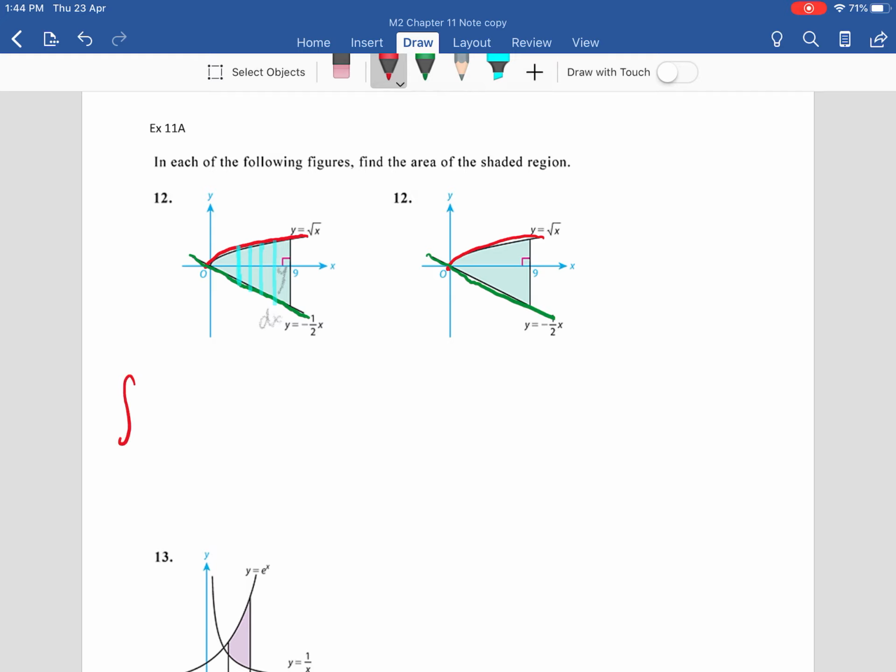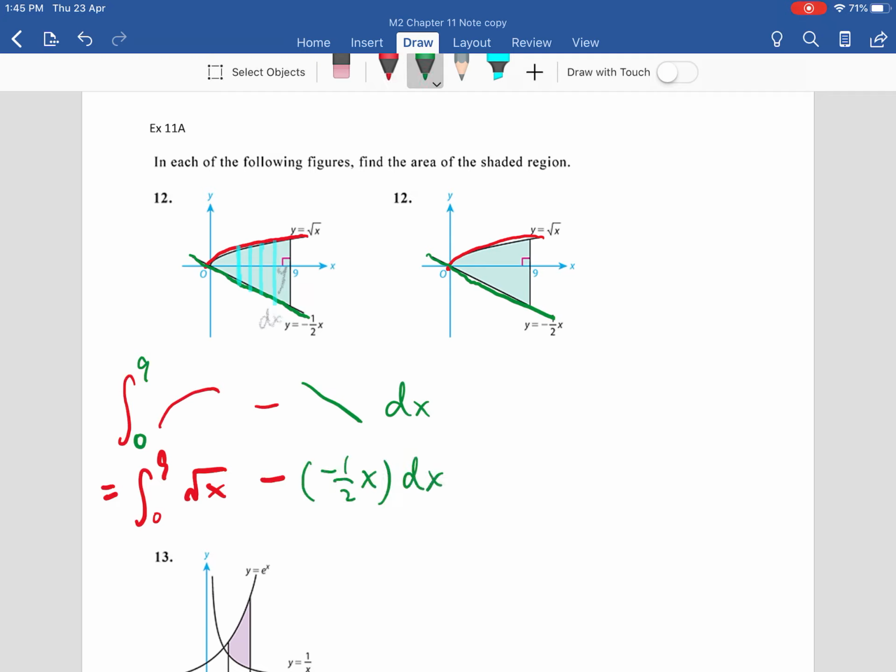So the area is the integral of the red one minus the green one dx, from 0 to 9. Let me write it better: from 0 to 9 of y, the red one, minus y, which is 1 over 2x, dx. Then done. You can do it on your own.